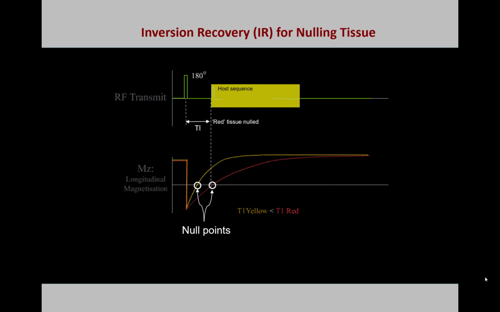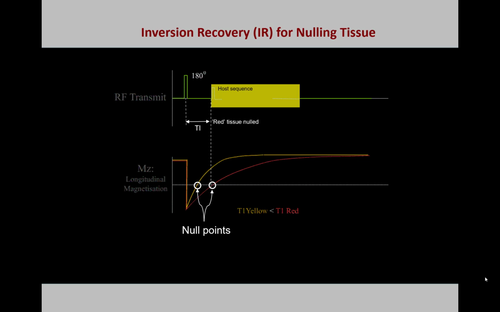So could we apply this to blood to produce black blood? Well, we can, but after all of that, I have to tell you that this basic inversion recovery technique with a single 180-degree inverting pulse isn't actually used for black blood imaging. Why is that?